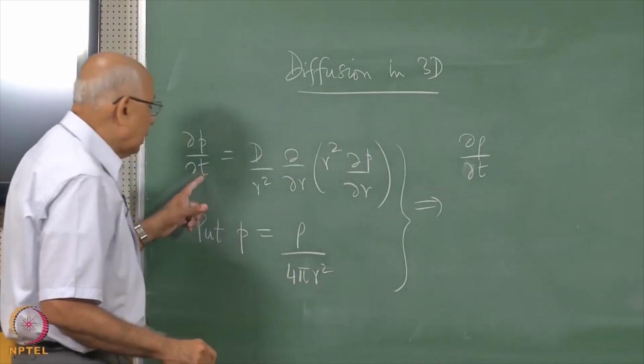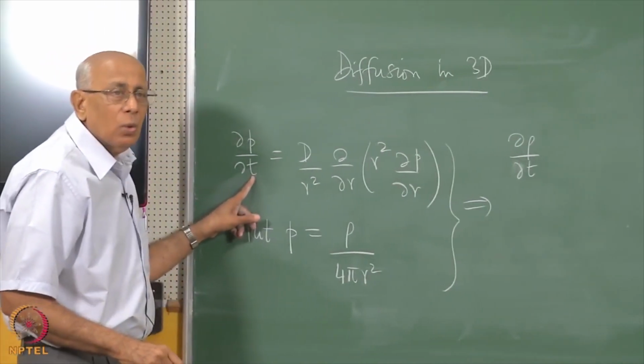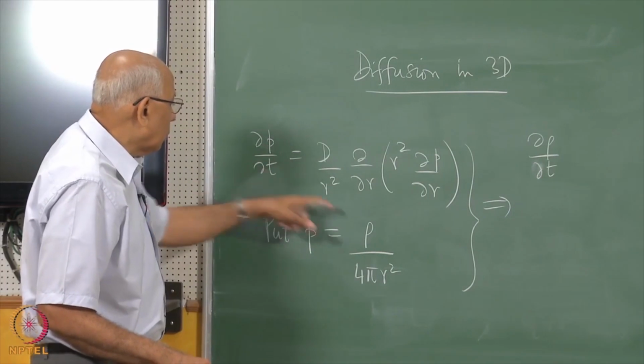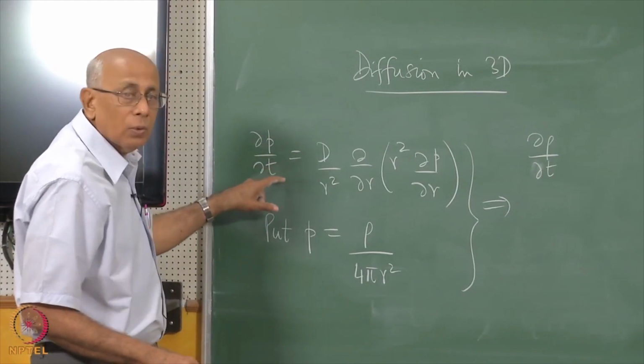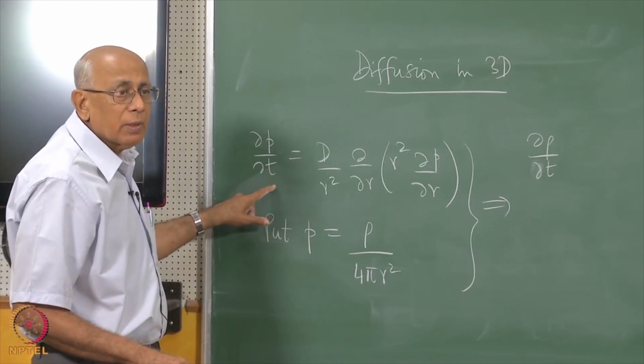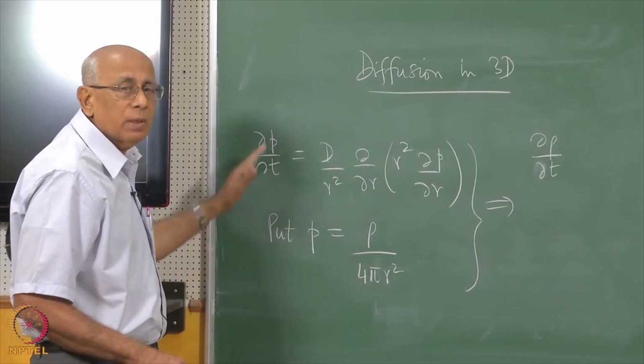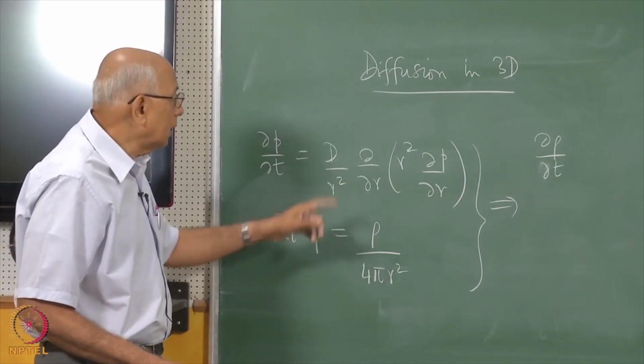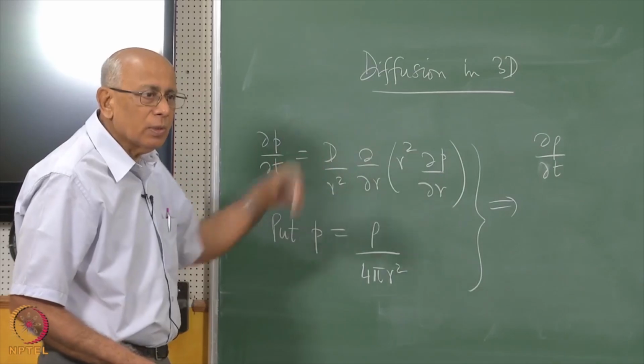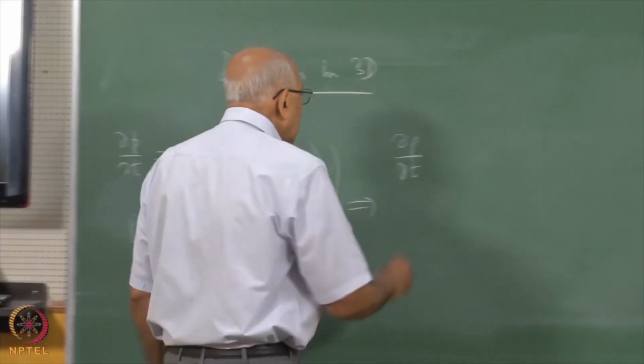By the way, if I put that in here and take partial derivatives, notice that if I put p equal to rho over r squared out here, it is a partial derivative with respect to t, so the r squared comes out, there is nothing to differentiate there, and then it will cancel against things over here. So this thing becomes relatively simple.